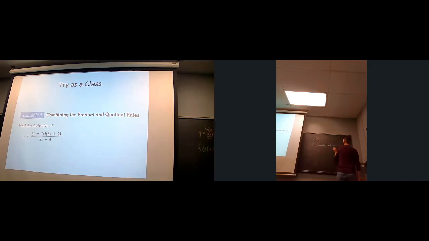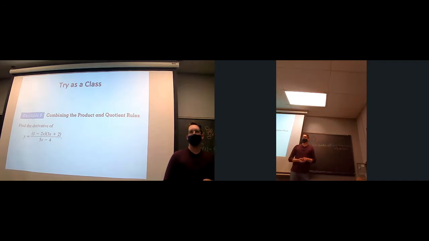Like, we can make this nice and neat. Pass everything through, get 3 minus 6x plus 6x, or my mistake, minus 6x minus 4. Reduce this the rest of the way down. Get negative 12x minus 1, right? Is everybody with me on that? Yep.